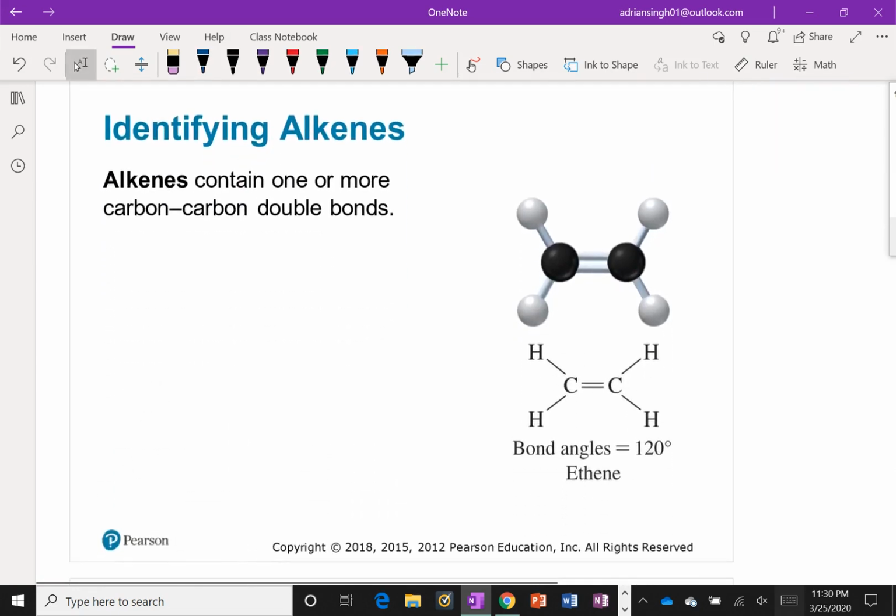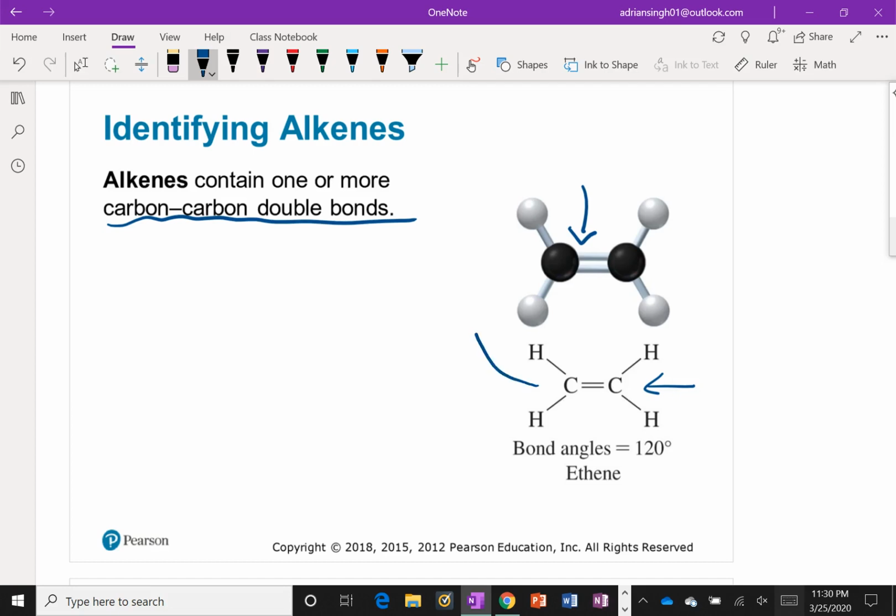Your alkenes are going to contain one or more of these carbon-carbon double bonds. When you draw your alkenes, there are a couple ways we can represent them. We've seen the ball and stick model that looks like this, and then you have your expanded structural formula that looks like that.